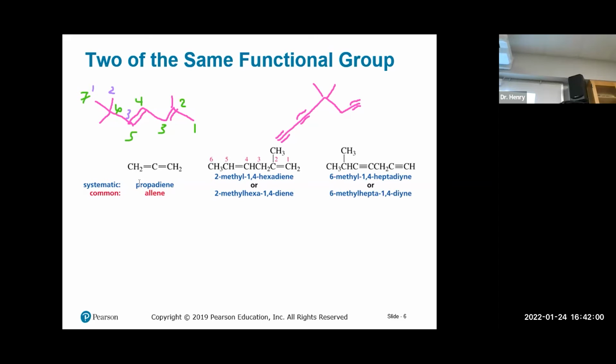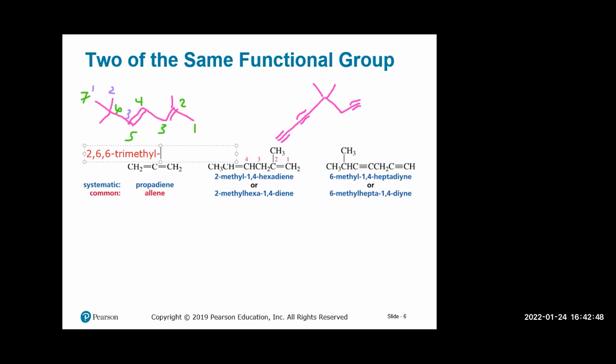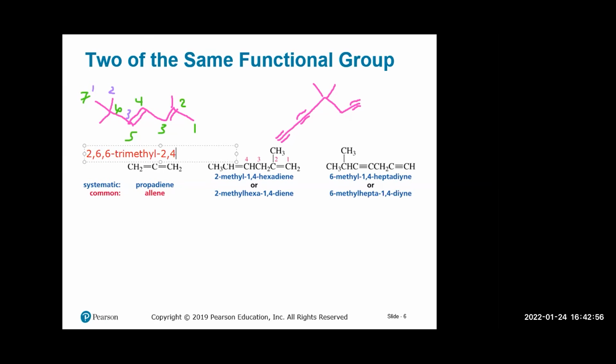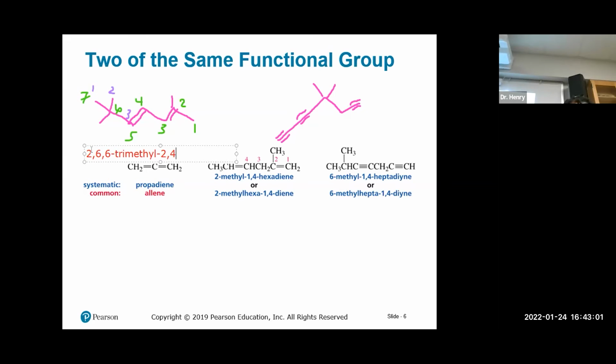So then what are we going to name this guy? Okay, so you have 2, 6, 6 trimethyl, 2, 4 heptadiene.